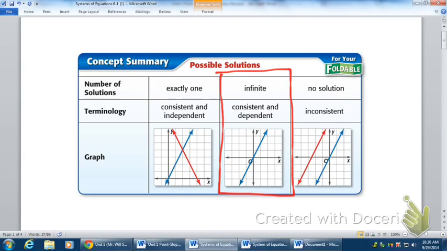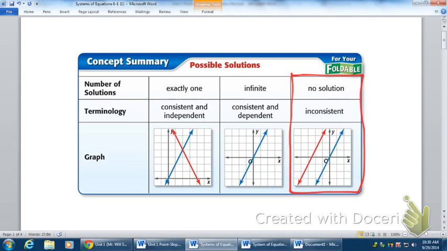And then your last one is when you have no solution. There's no intersection at all. It's when you have those two lines that are almost parallel to each other. And it's inconsistent. There's no consistency in it.